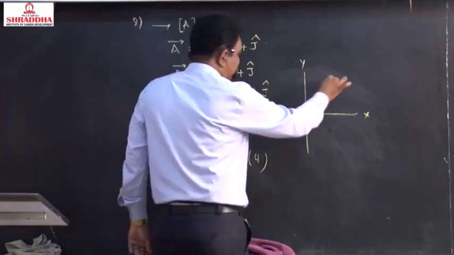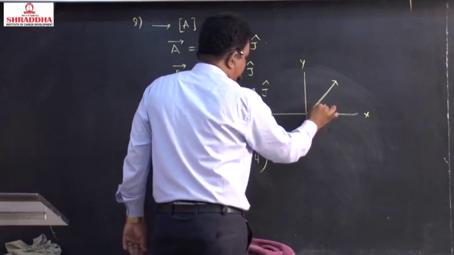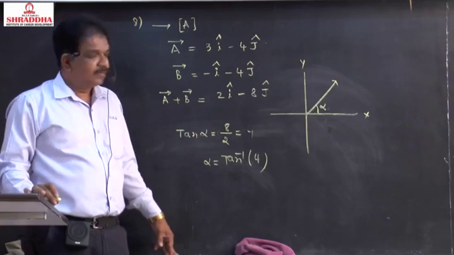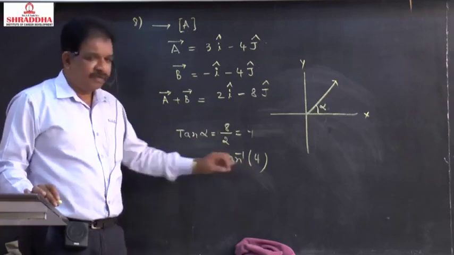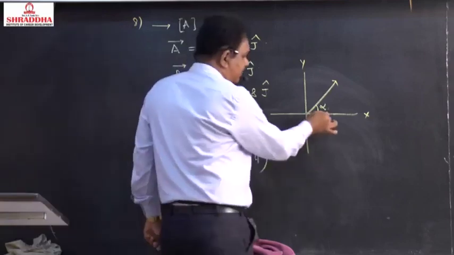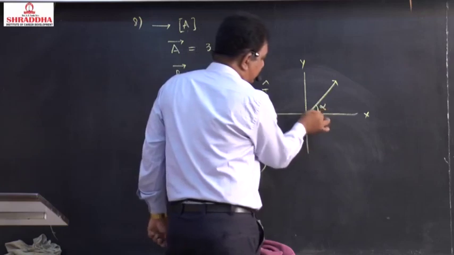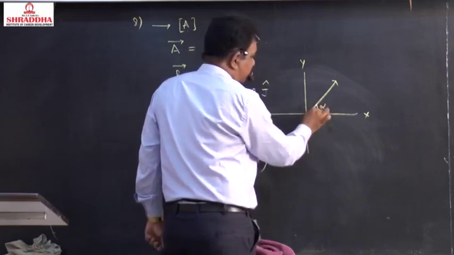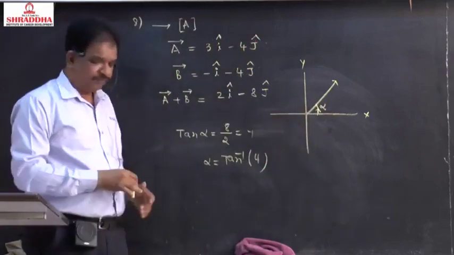If the vector is like this, and you know this angle, then what to write? Let the same angle be tan inverse 4 with the positive x-axis in anti-clockwise direction. If you move in anti-clockwise direction, that vector will come.